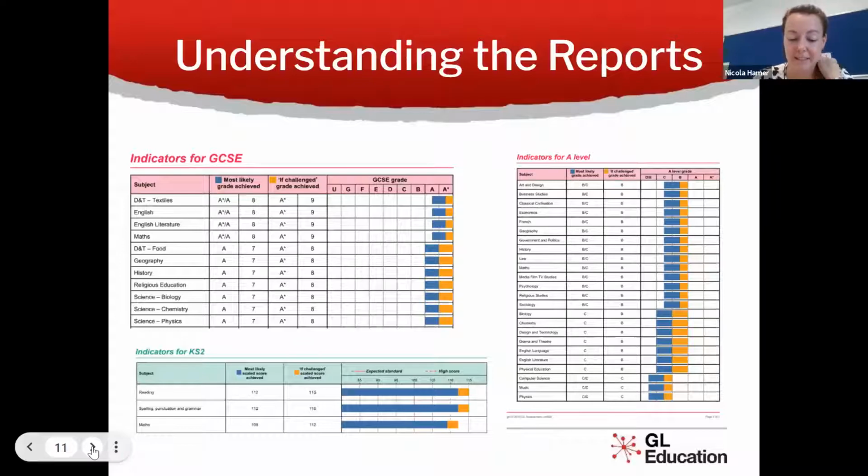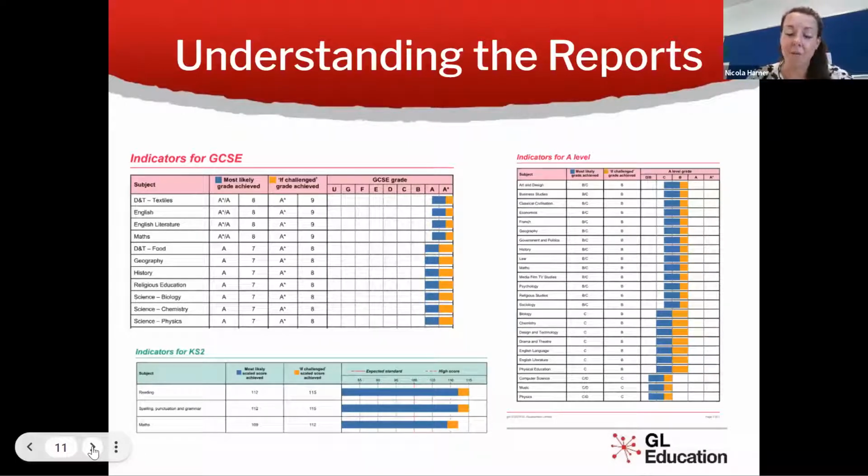So the idea is when your child sits the CAT4 assessment and these grades are developed, the CAT4 company compares all of the other students that have ever taken the test, and then they compare all of the students that have got exactly the same profile as your child.